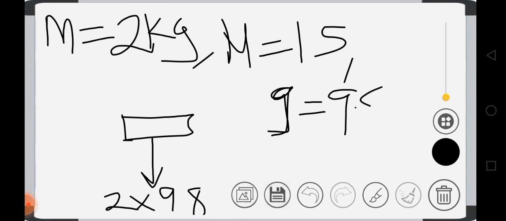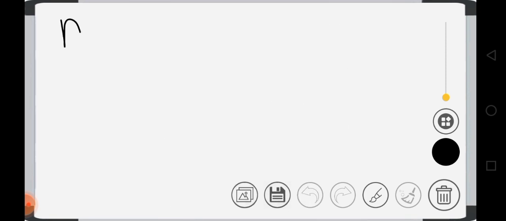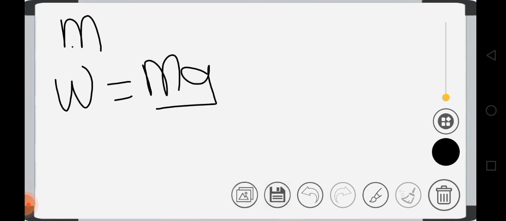Now, what do we need the acceleration due to gravity for? Before you can convert mass to force or weight, you must multiply it by the acceleration due to gravity. For example, if you have a mass and I ask what is the weight of this mass, use the mass multiplied by g.